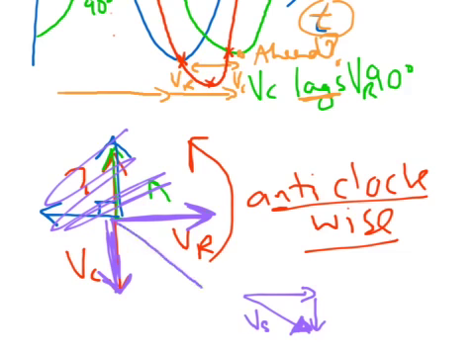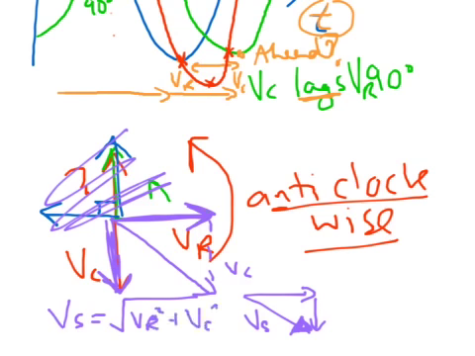So that would mean that the supply is on here, because you could transpose the VC over to here. So the supply voltage is the sum of the squares square rooted. So Vs is the square root of VR squared plus VC squared. That's how we can work out the supply voltage.